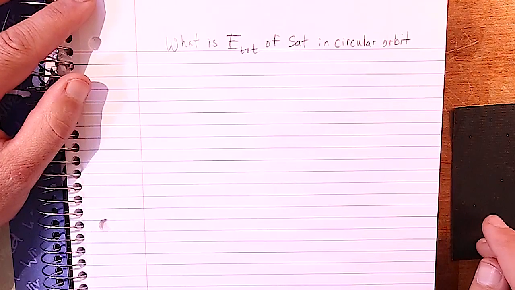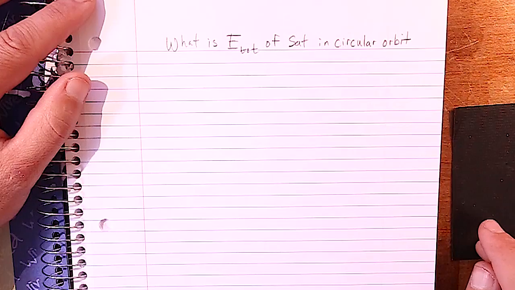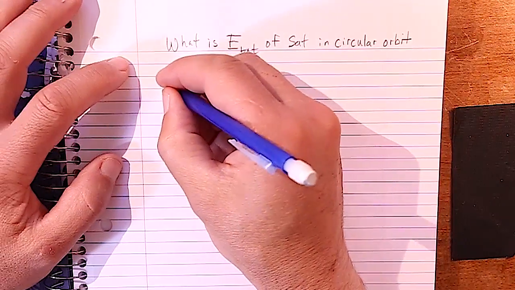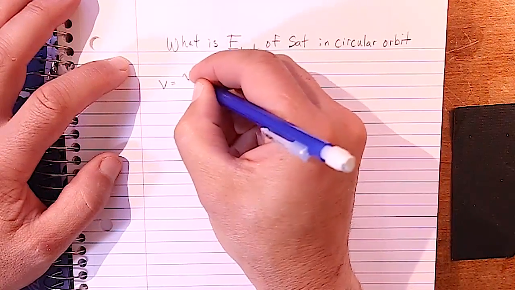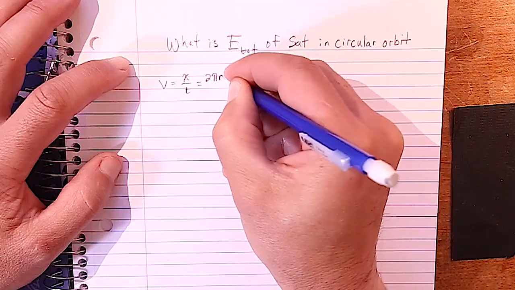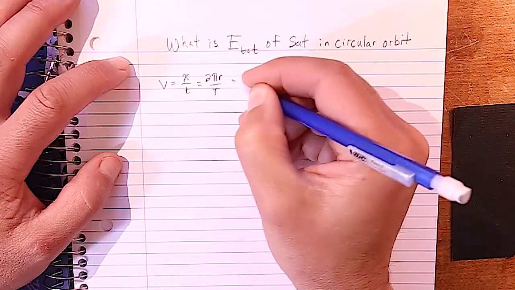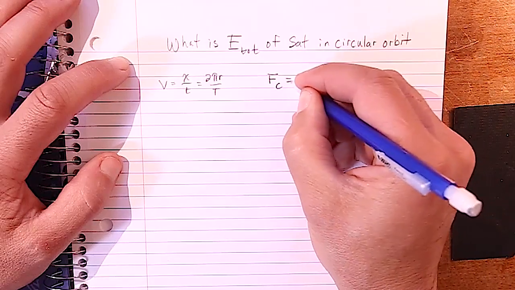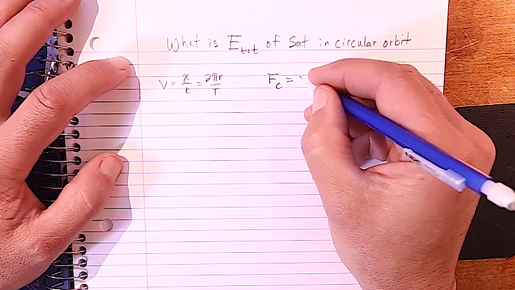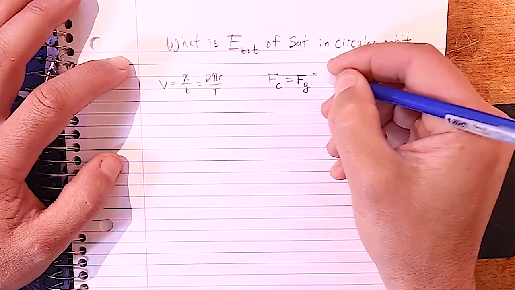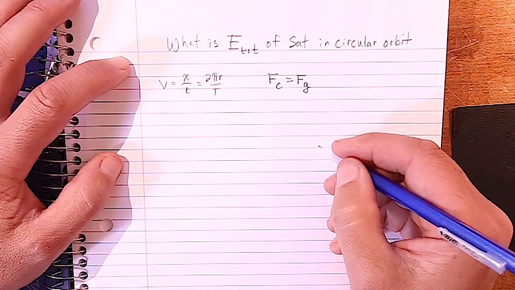Okay, let's go ahead and calculate the total energy of a satellite in a circular orbit. Well, we've already seen that we can figure out the velocity using x over t, and that gives us 2 pi r over the period T. And we saw before that the centripetal force, in this case the net force, ma_c, is going to be equal to the force of gravity. And if this doesn't make sense, just go back to the previous derivation.